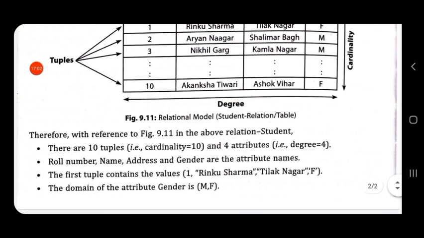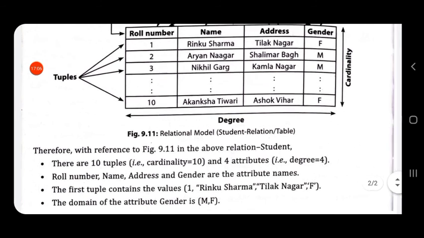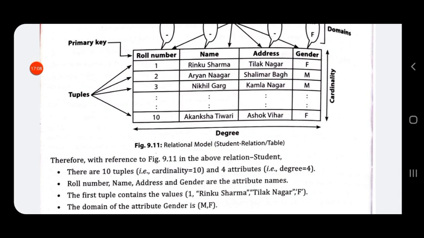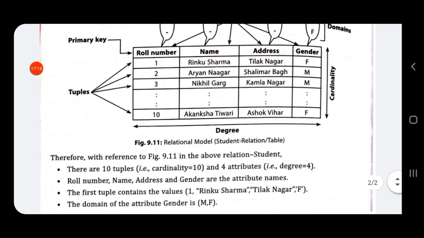Therefore, with reference to the above relation, we can say the cardinality is 10 because there are 10 rows. The degree is 4 because there are 4 columns. Roll number, name, address, gender are the attribute names.